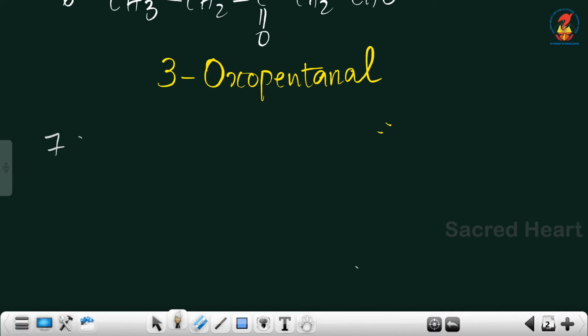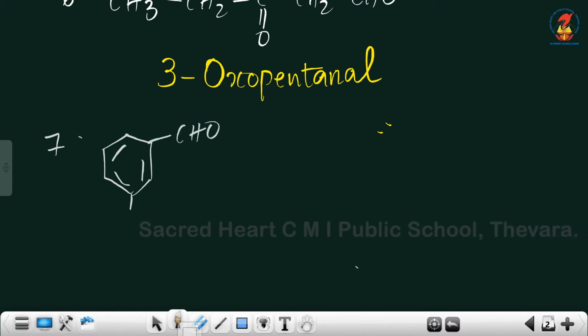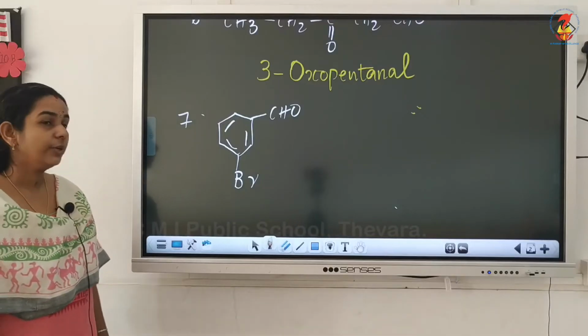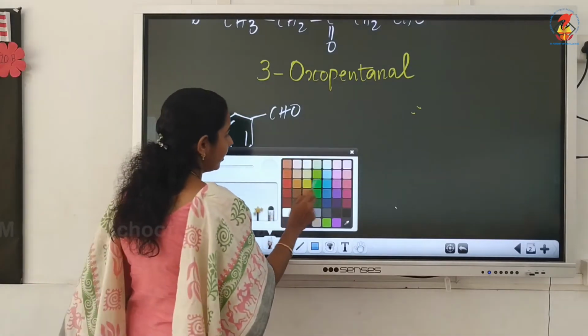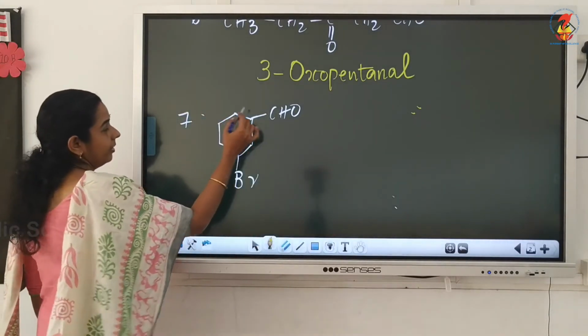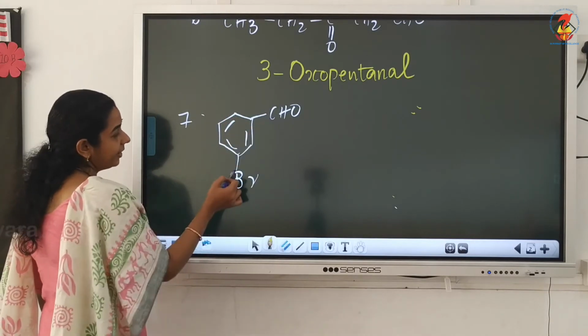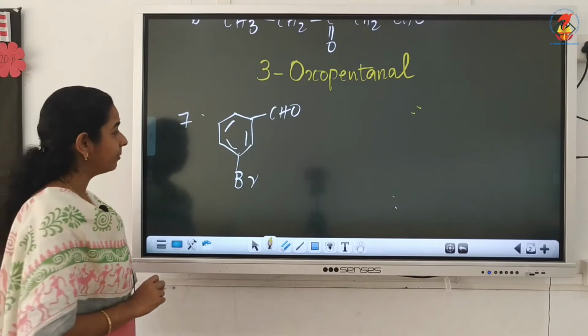Now another example is... okay, it is a ring compound. So we have to do the numbering on the ring. How to number? Here we have aldehyde and bromine. So the functional group should get the lowest possible number.